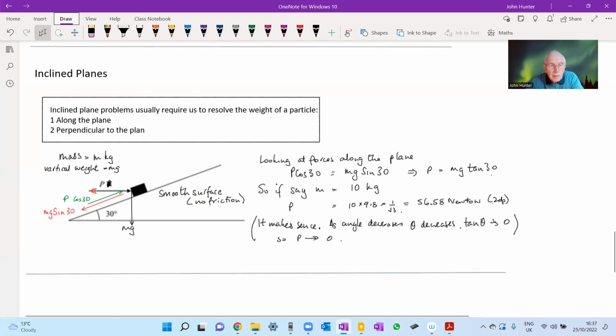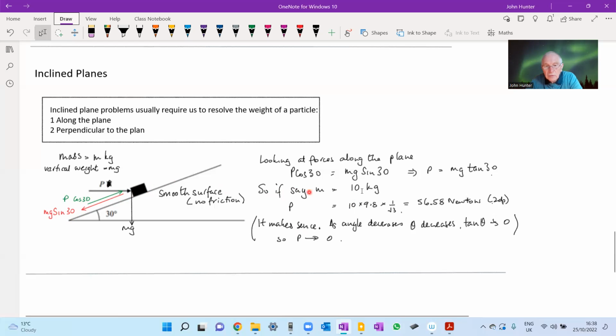So what we want to do is to resolve that P along the plane, and that would be P cos 30. Because this is not moving, it's in equilibrium, no acceleration, so we can say that P cos 30 equals mg sine 30. These are the only 2 forces acting on this particle, and it's not moving along the plane. So that's what we've got.